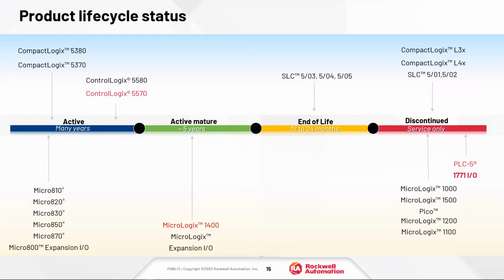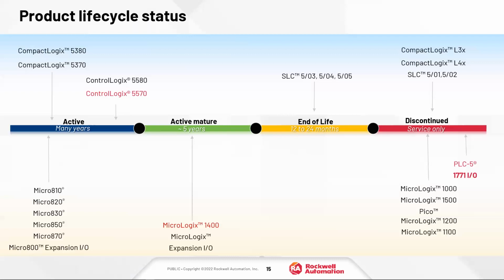So whether that's a Micro 800, Micro 850, or a CompactLogix 5380, that's the latest technology available to perform the control that you need to do. So when you're looking at a new system, you want to make sure to do your best diligence to install and to buy the active products, and that's what we actively pursue.